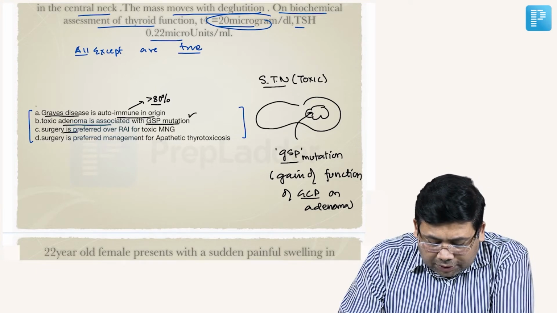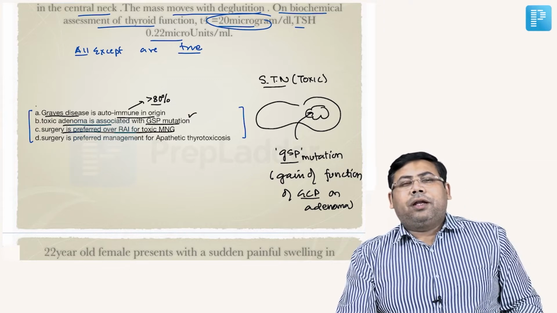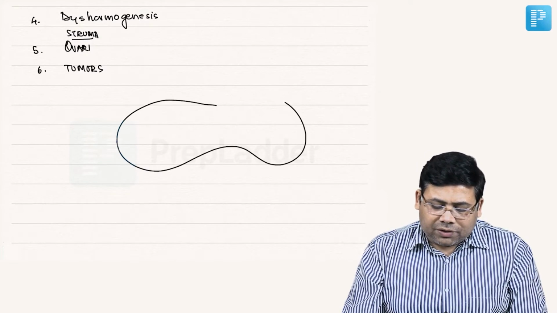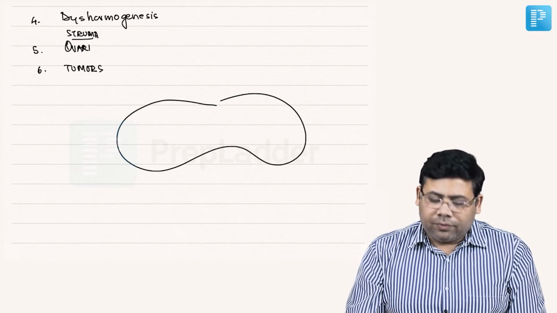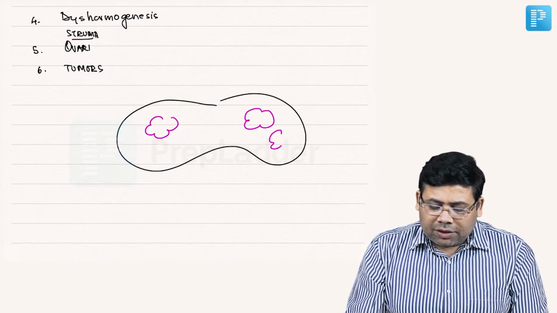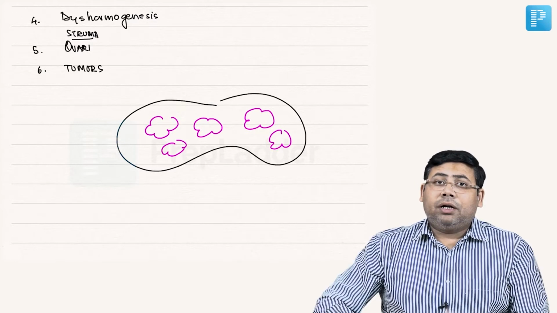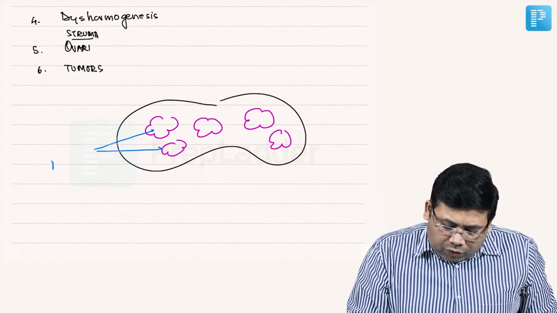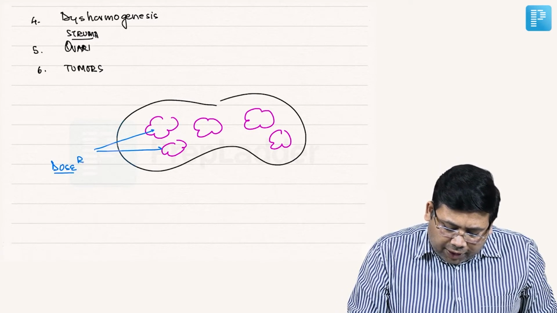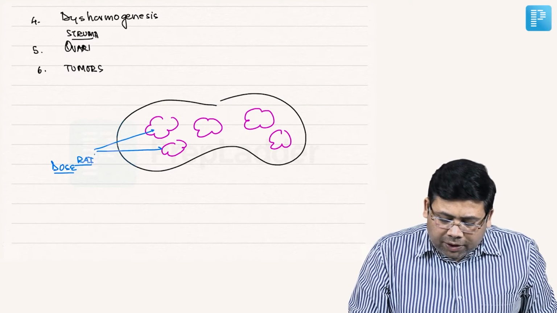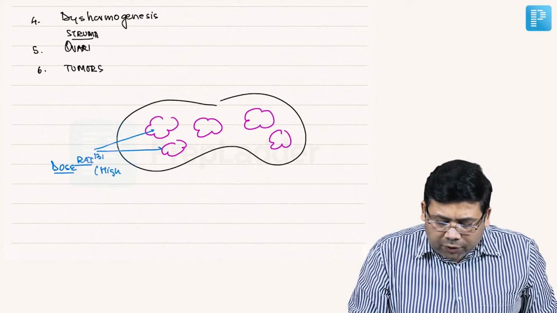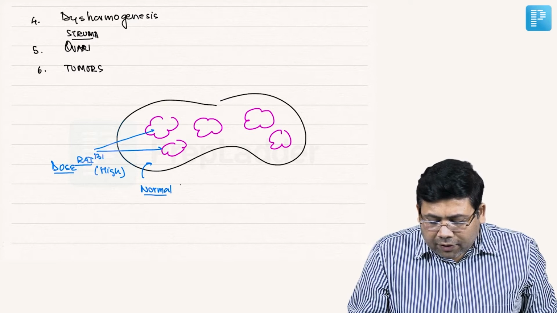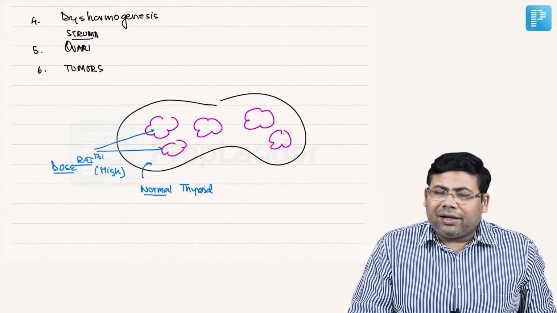When we talk about surgery is preferred over radioactive iodine ablation in toxic MNG, this is a very interesting topic. Now, do you know that in Graves' disease, the entire gland is at fault, but in toxic adenoma, there is a nodule, and in toxic multinodular goiter, there are multiple nodules. So, if I want to ablate them, the dose of radioactive iodine required will be very high. At this high dose, the normal thyroid parenchyma is also exposed, because this is also a metabolically active region.